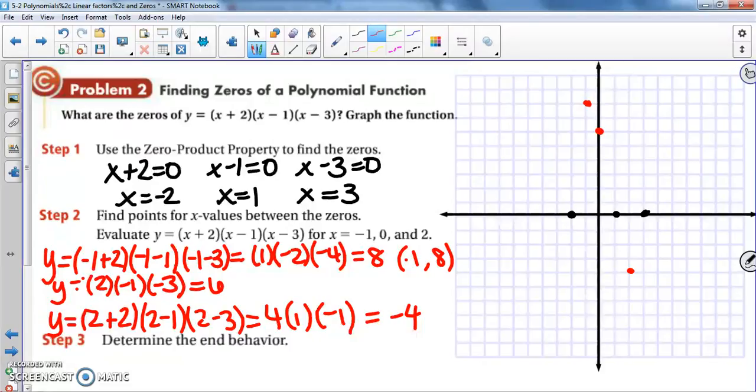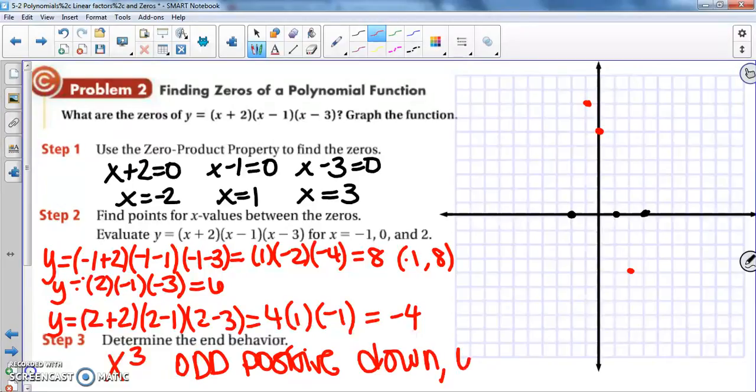I want to determine my end behavior. If I was to multiply this out, I would get x cubed as my first term, therefore making it odd and positive, so it will be down, then up.